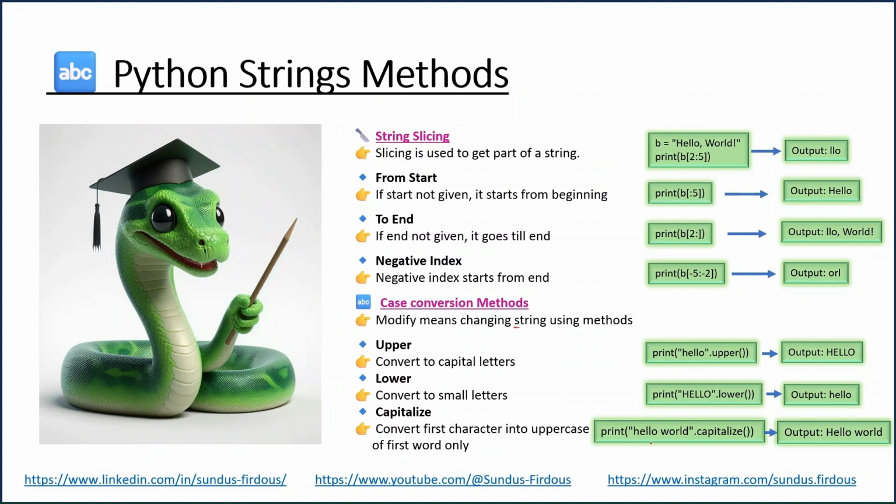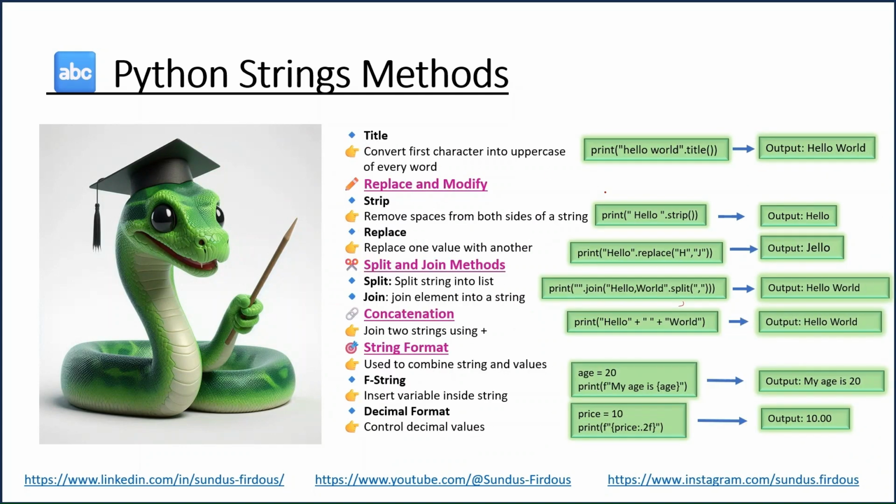And I have two words, hello and world. With the capitalize method, only the first word's first character will become capital, not the second one. If you want to convert the first character of both words into capital letters, you need to use title, and it will convert the first character of both words into capital letters.